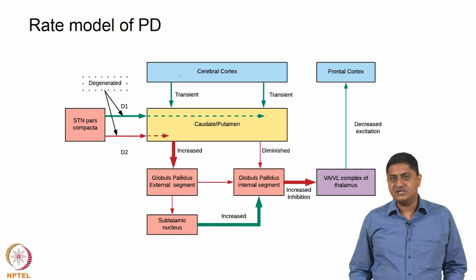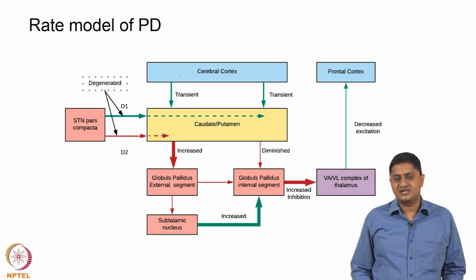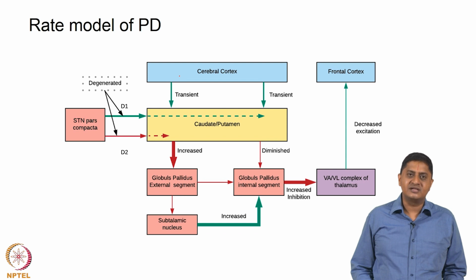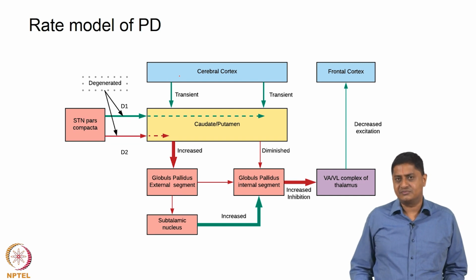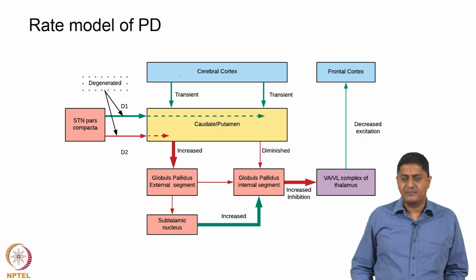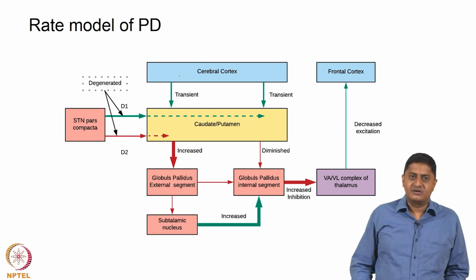So, in the last class we discussed the importance of MPTP treated animals in understanding the pathophysiology of Parkinson's disease. A huge consequence of animal models in understanding Parkinson's disease has actually come from studies of MPTP treated primates, right.